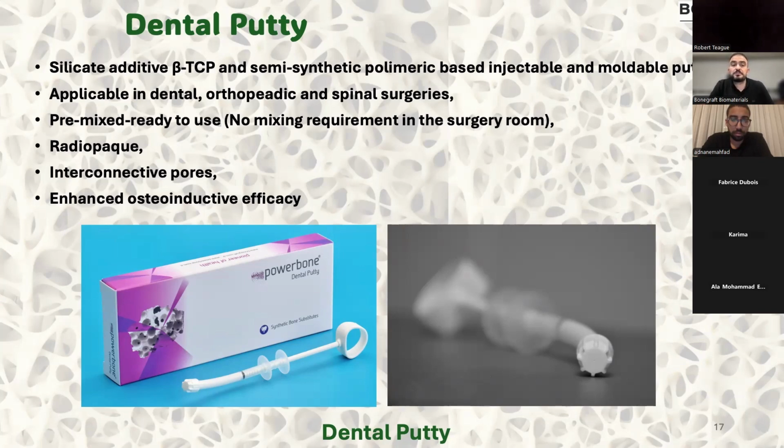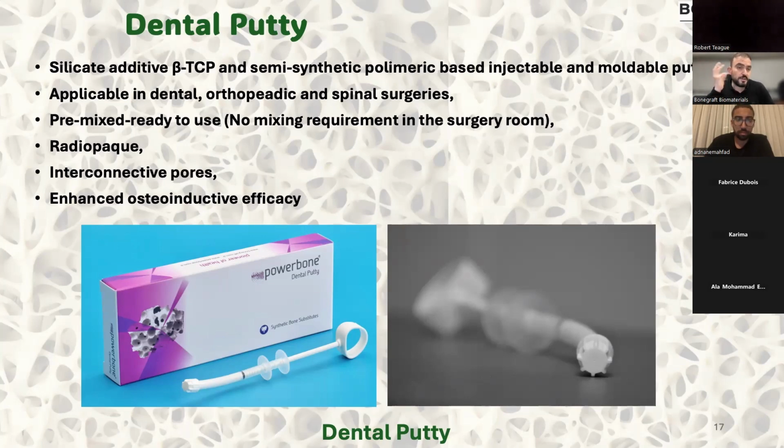The surgeon in the surgery room has a lot of stress to deal with. We know that. It's a complicated process, implantation, with a lot of parts. So you never need to worry about mixing the graft material. It's ready to use, already mixed. Just open the cap and inject into the defect sites. So it allows ease of use for surgeons.